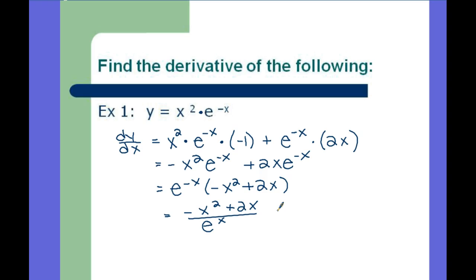The multiple choice answer would probably look like one of the last two. They wouldn't leave it like that. Good?